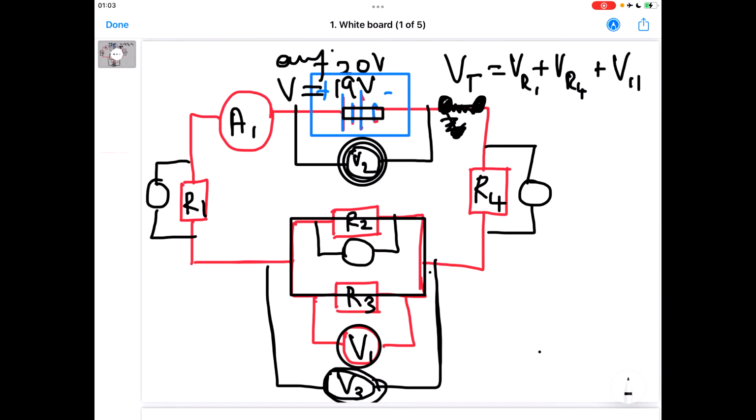Because of that internal resistance, we lost 1 volt inside the battery. What if that EMF does not change? If it does not change, and the V is still 20 volts, it means there is no internal resistance. That means that battery has got no internal resistance.